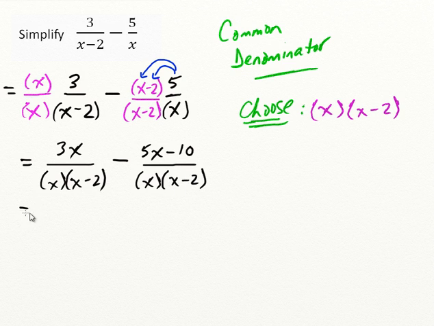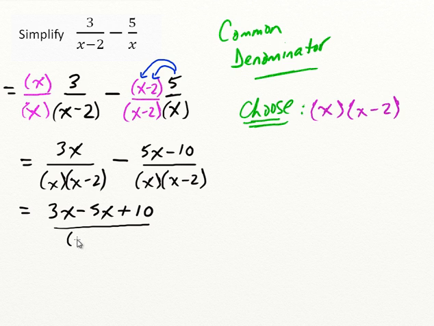Well, now that we have a common denominator, we can combine both numerators over top of the common denominator. So we've got 3x minus 5x, and then minus negative 10, which, careful, is going to be plus 10.